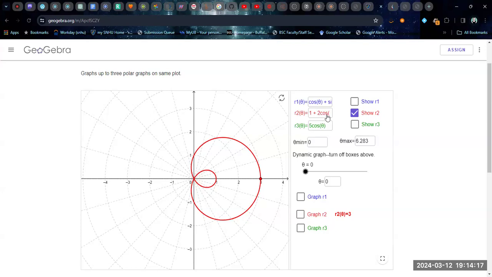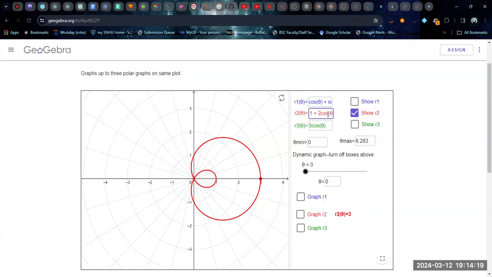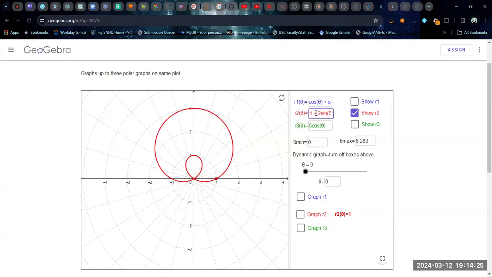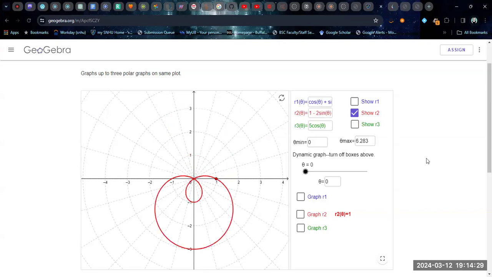And again, we can change the orientation by changing from sine to cosine. And we can change which side of the axis it plots on by changing that sign, the SIGN sign, in between our two constants.